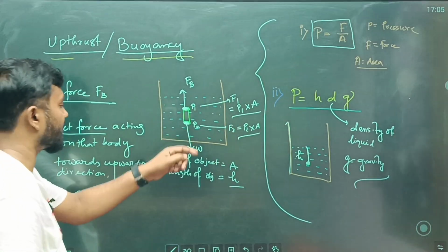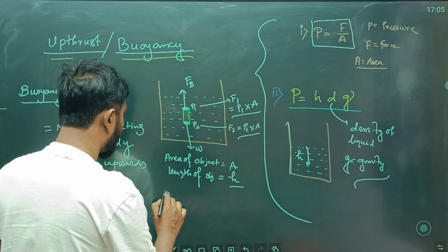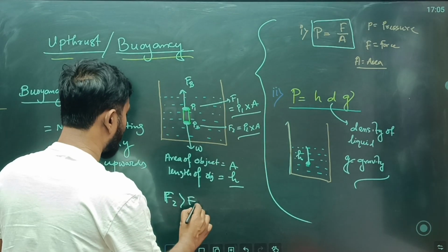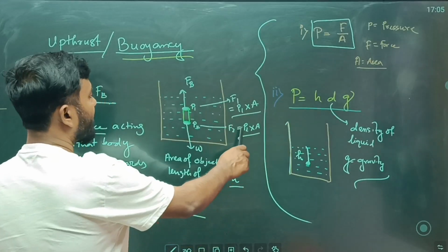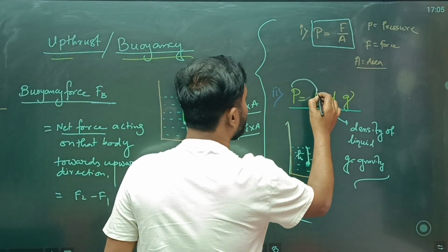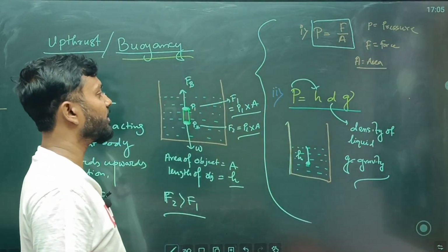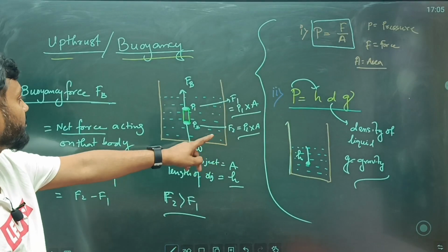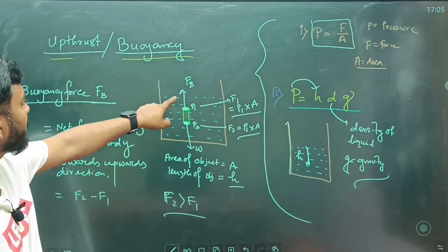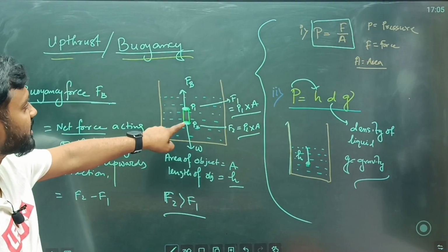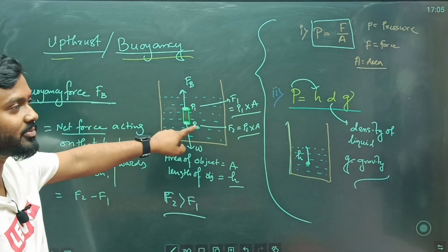Why is F2 greater than F1? F2 is greater than F1 because P is equal to h d g, so pressure is proportional to the depth. From the upper surface, the depth at the lower point is maximum, so the pressure there is also maximum.